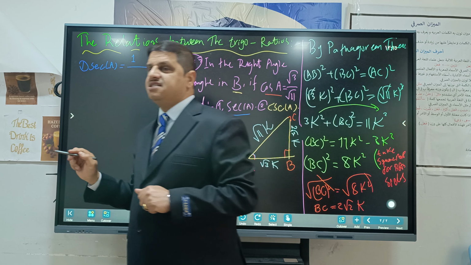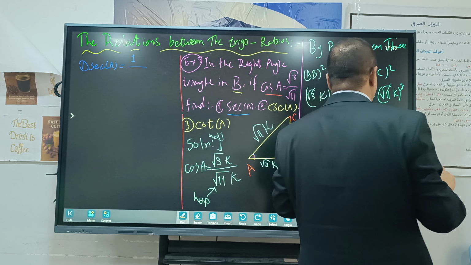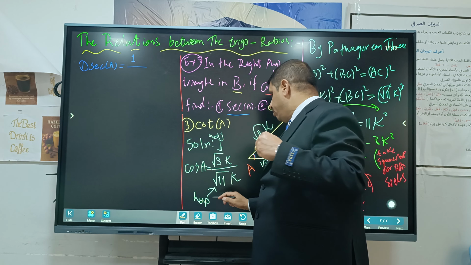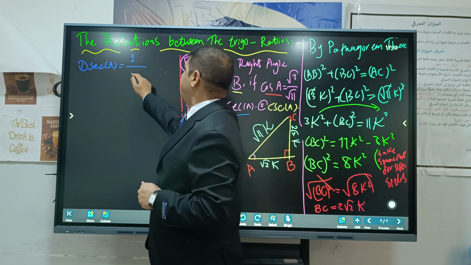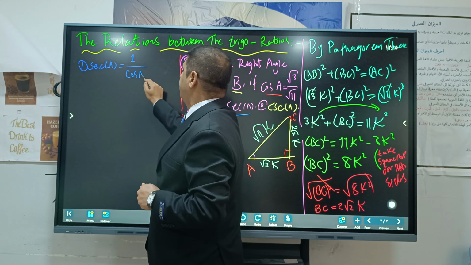Secant of A equals, as the teacher has told me, that every secant equals 1 over the cosine of the same angle. Okay?